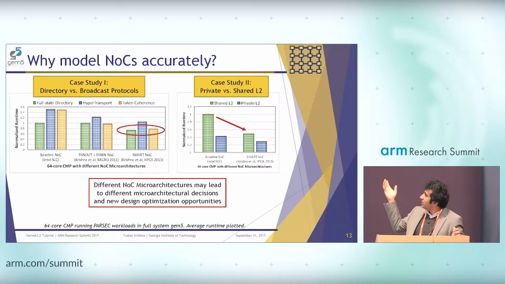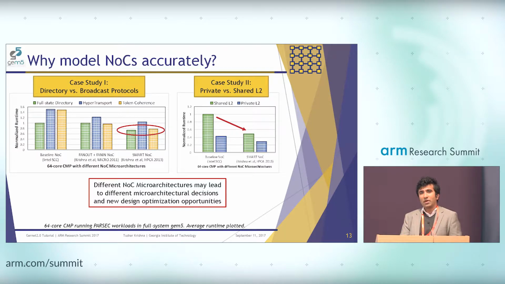On the leftmost side, as we saw intuitively, the broadcast-based protocols, the AMD Hammer protocol and CMP token, have worse performance compared to a baseline just because the NOC is a very traditional NOC. But once I start looking at more clever NOCs, I can reach designs where broadcast protocols have comparable performance and sometimes even better, right?